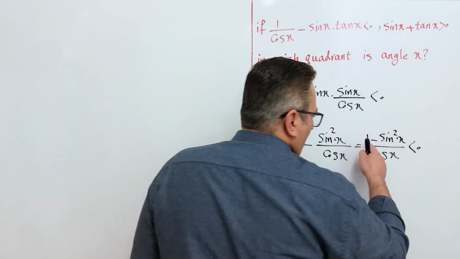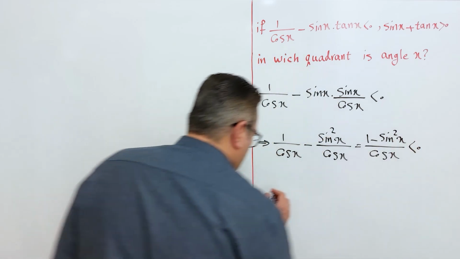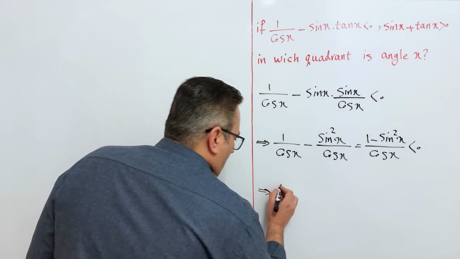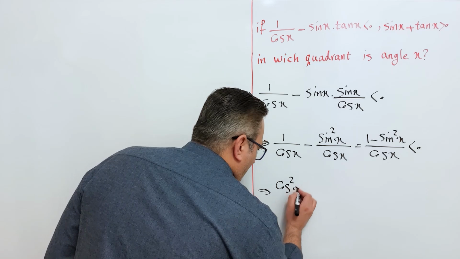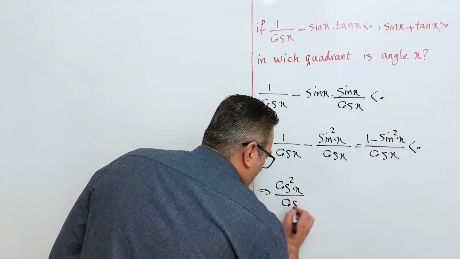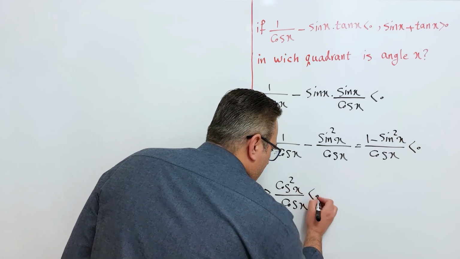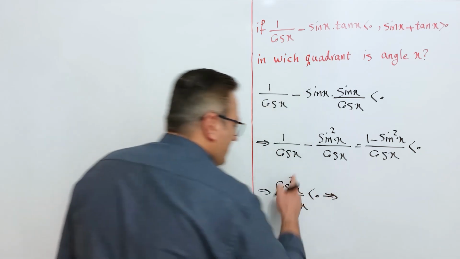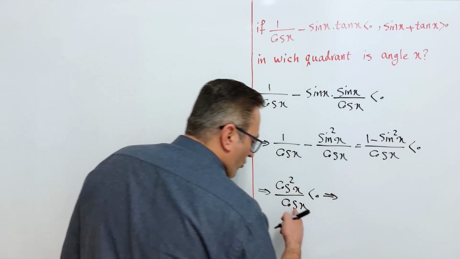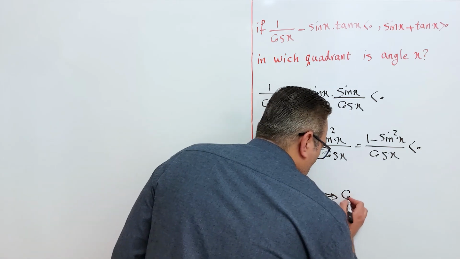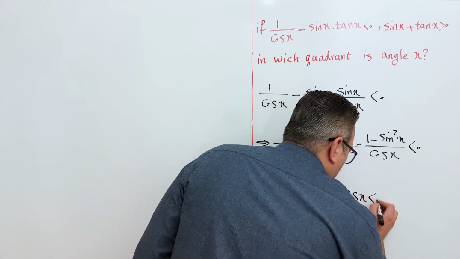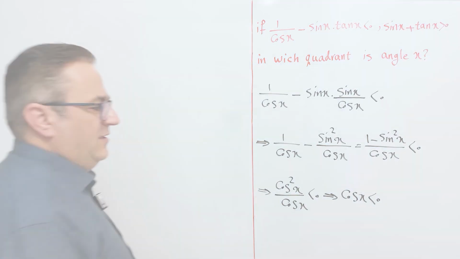And we know that 1 minus sine squared x is equal to cosine squared x, so cosine squared x divided by cosine x is smaller than 0, and cosine squared x divided by cosine x is equal to cosine x, which is smaller than 0.